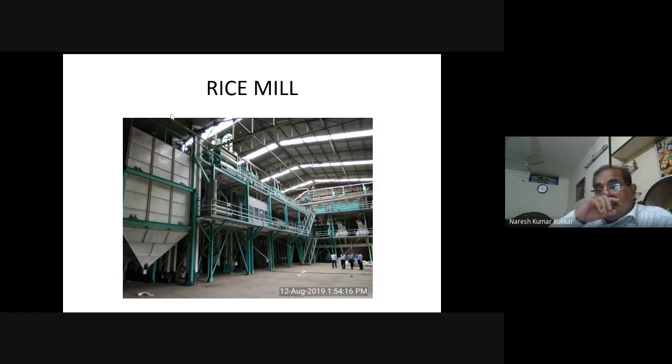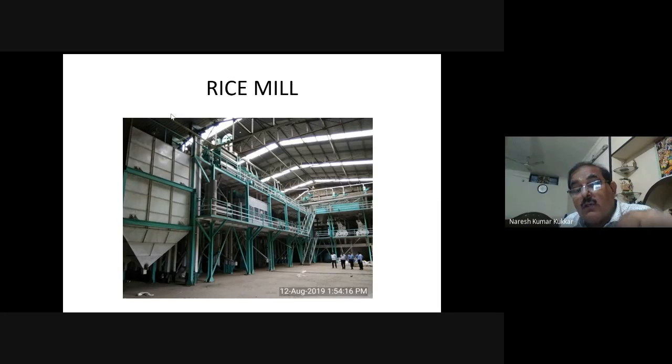Now in this process, where these 4 persons are standing along with me, I was also standing in the middle. There are 2 machines on the upper level, first floor. These machines are the rice bran remover machines. Then from this, rice goes to the left side, where polishers are situated.